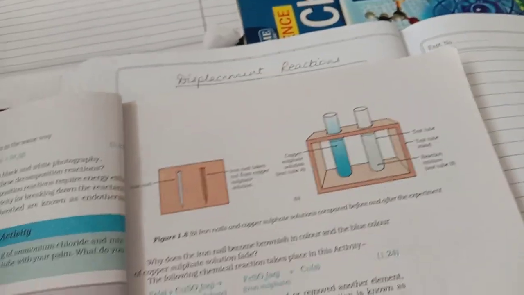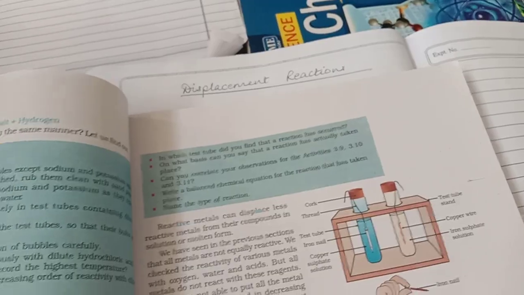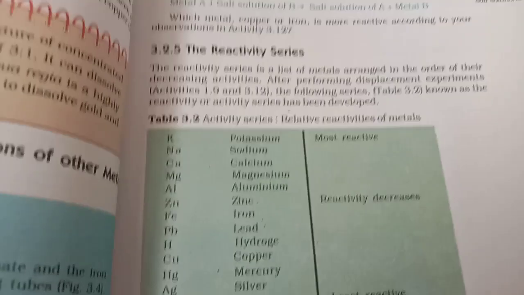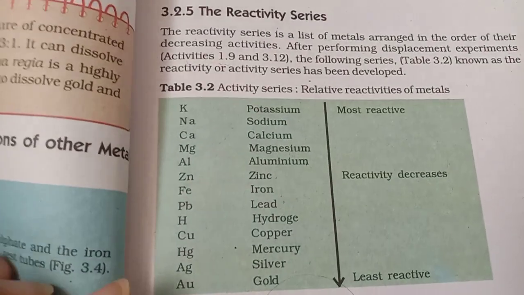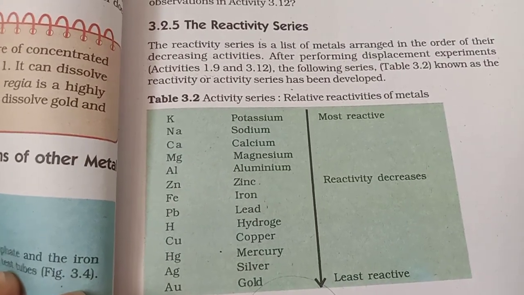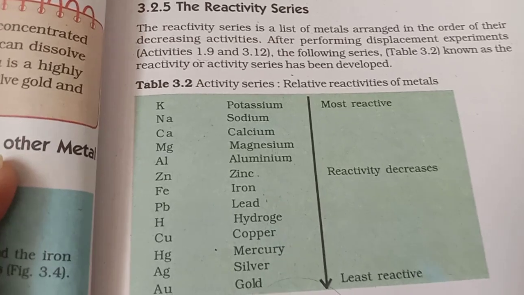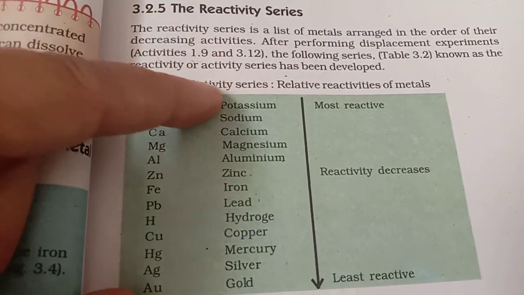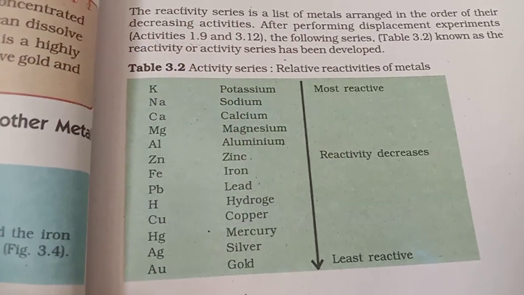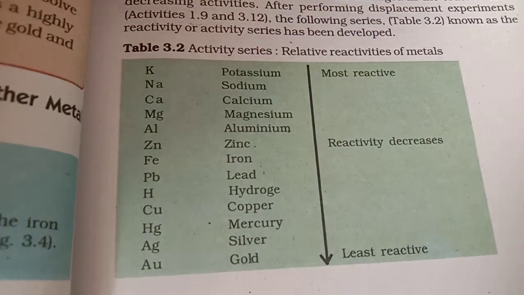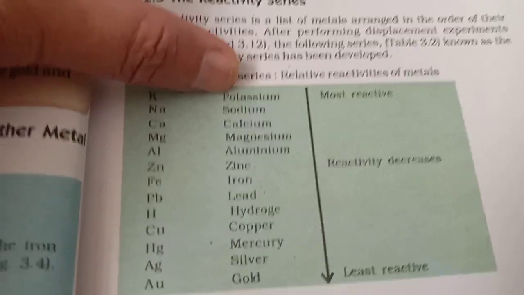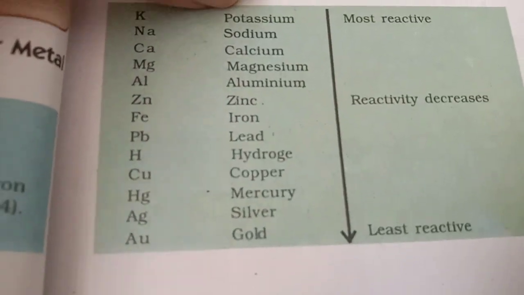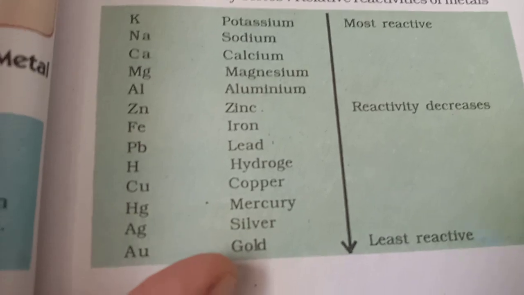With the help of the reactivity series, you will be able to find out the more reactive and the less reactive metals. Here in your NCERT book, page number 45, you have this reactivity series of metals, which can also be called the activity series. This is a list of metals placed in the order of their decreasing reactivity. The most reactive metal is placed at the top of this series and the least reactive metal at the bottom.